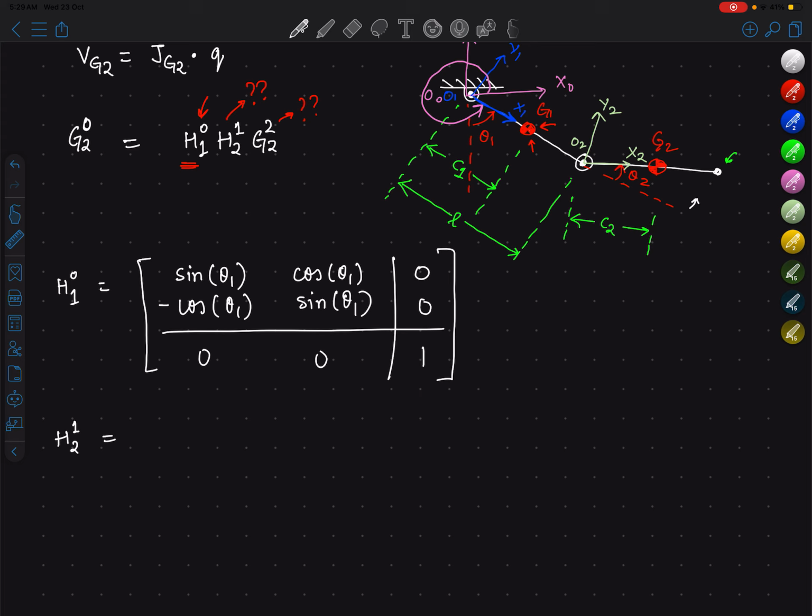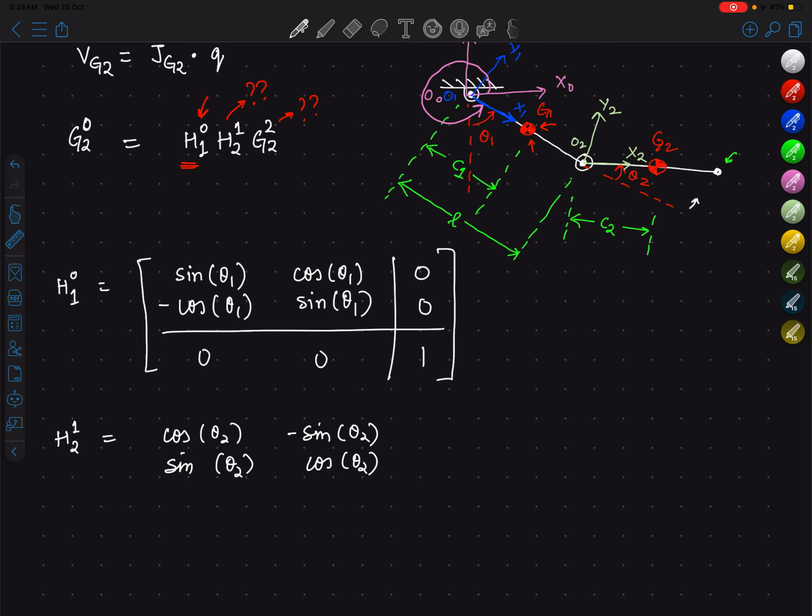So the rotation matrix is quite normal: cos theta 2, minus sin theta 2, sin theta 2, and cos theta 2. And what is the position?